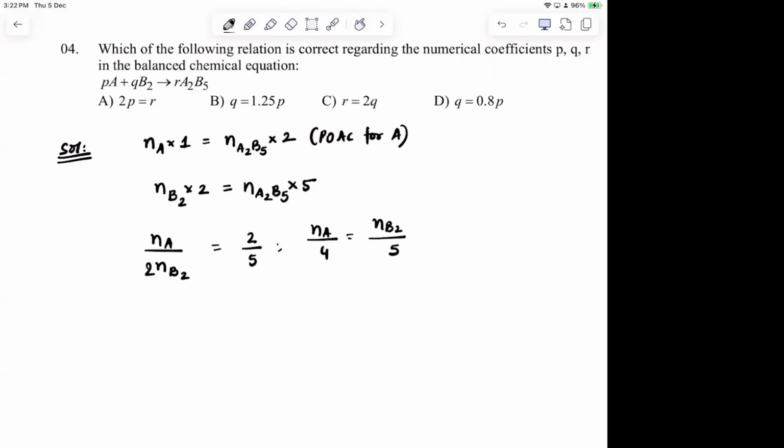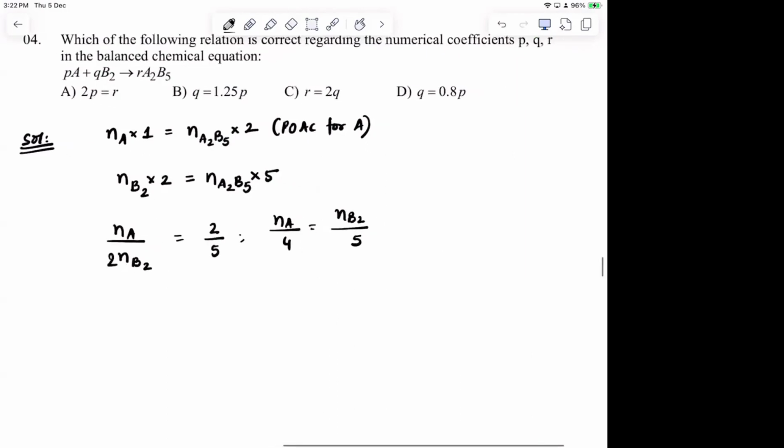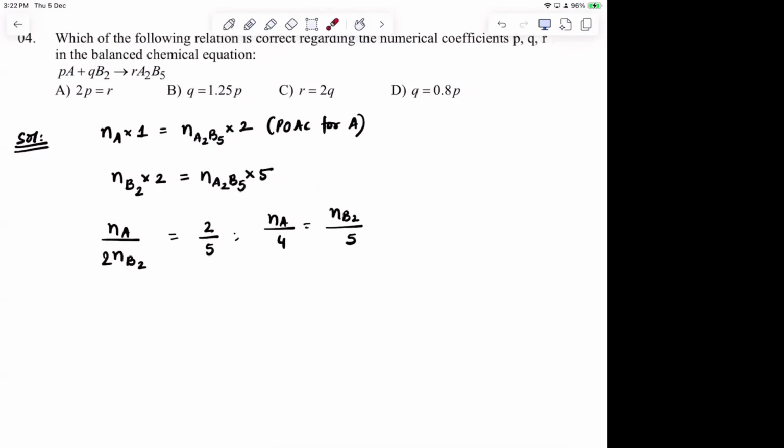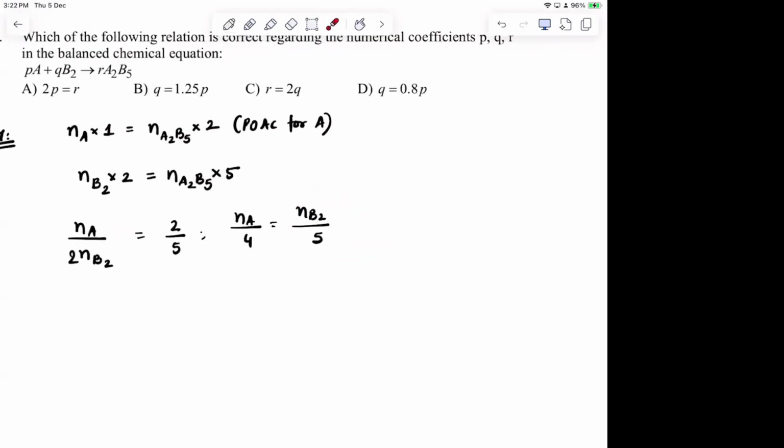And if you notice this is NB2 by 5, so NB2 by 5 will be equal to, if I take this as 5, this 2 can go here. So that means it will be equal to N A2B5 by 2 also.